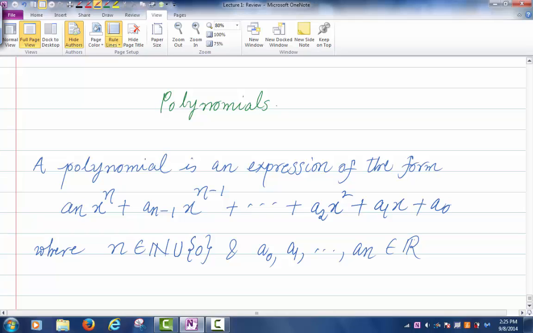So these are constant numbers. So for us, a polynomial would be anything of this form. So what does it mean? It means that you basically have non-negative integer powers of x multiplied with certain coefficients and added together, right?